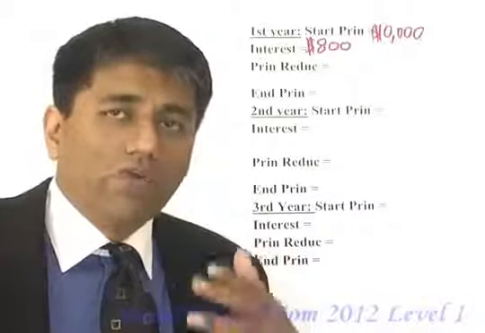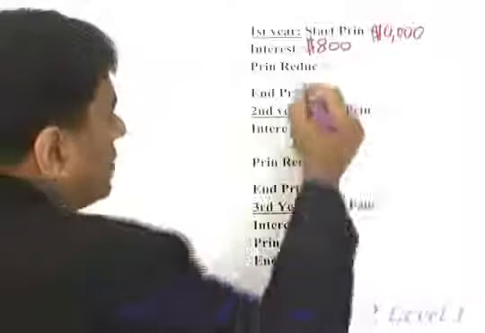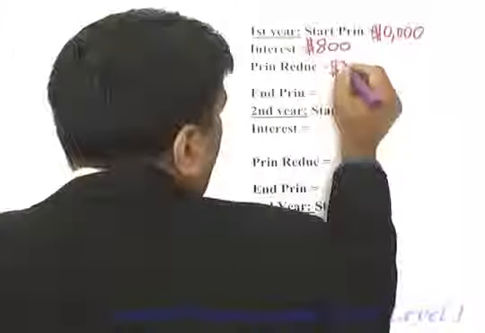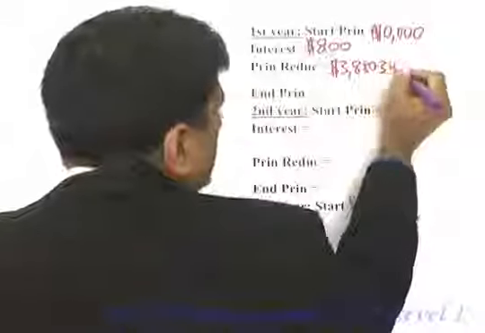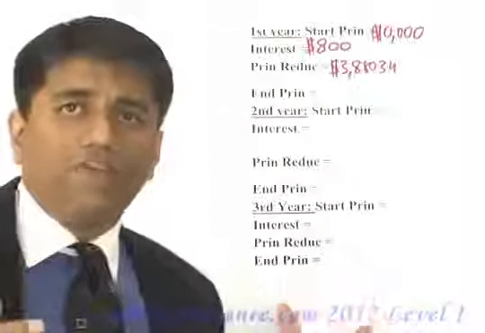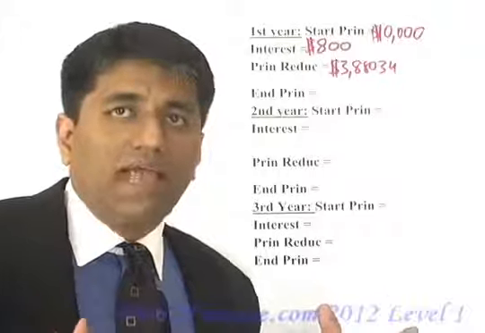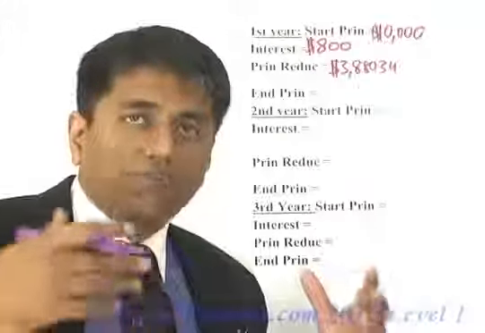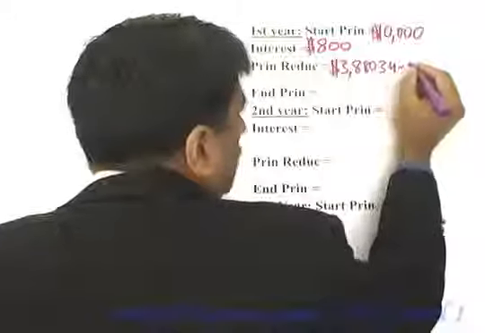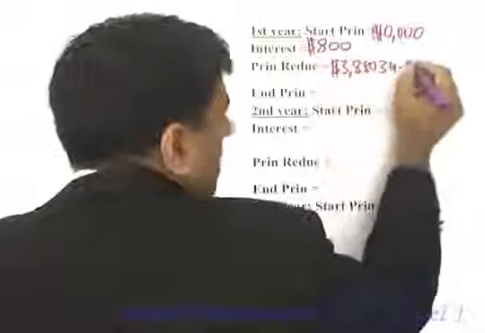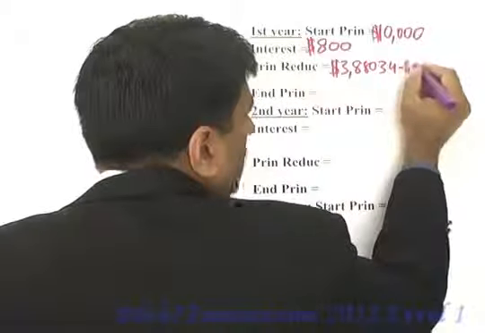The borrower, however, has paid 3,880 and 34 cents. So part of it goes to pay the interest and the remaining goes to pay off the principal. So the amount of principal reduction would be the total payment minus the part which is interest.